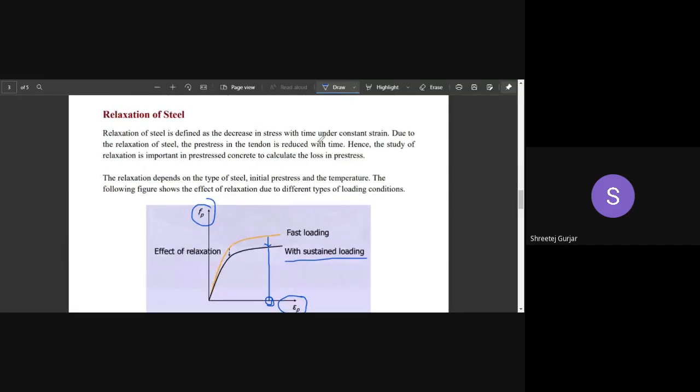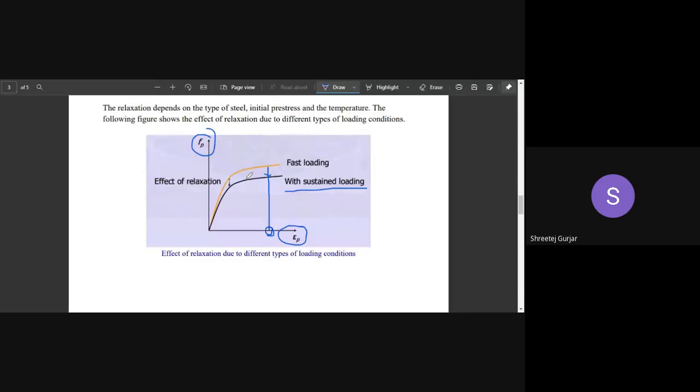So that is how we defined relaxation: the strain is constant, but there is a decrease in stress. For example, here this is the strain amount. We have the same strain amount, but you can see there is a decrease in stress. This is due to the effect of relaxation.